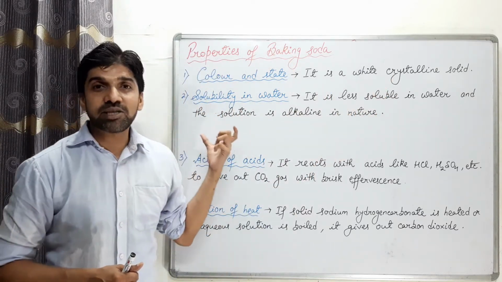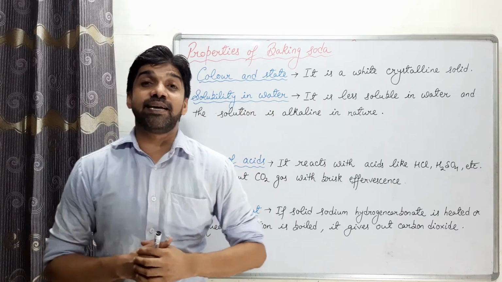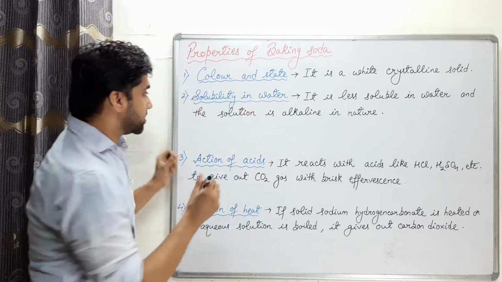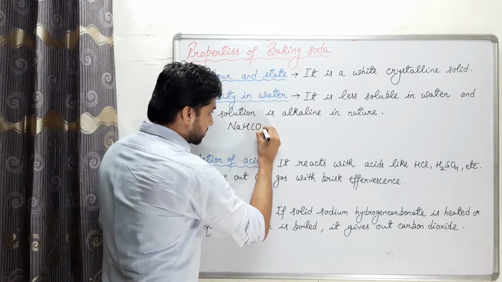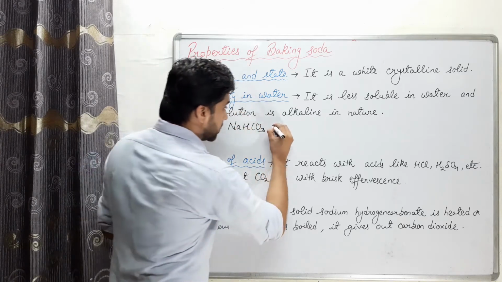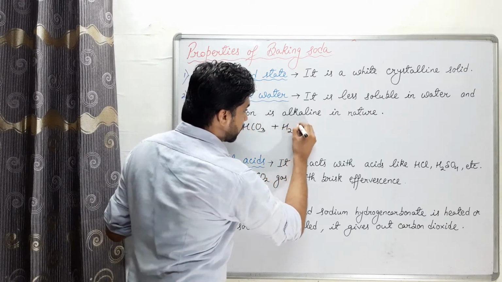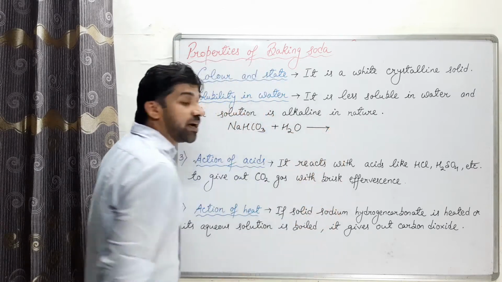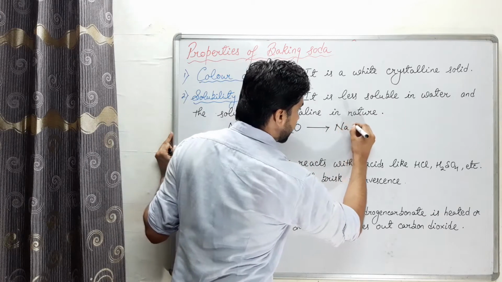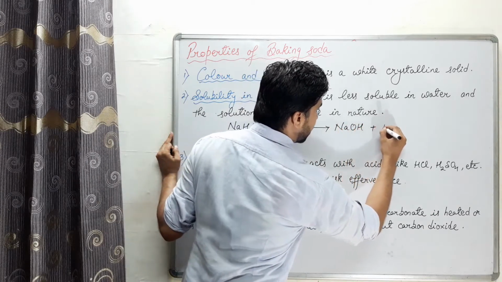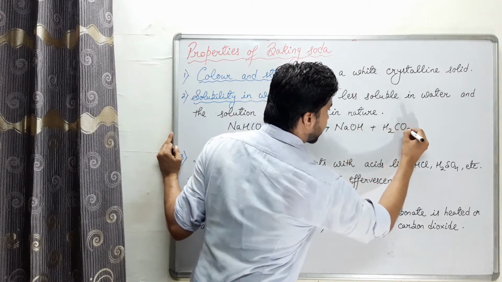And the solution is alkaline in nature. How? Suppose this is your baking soda, sodium bicarbonate. When we add it in water, we have formation of strong base NaOH and weak acid carbonic acid.